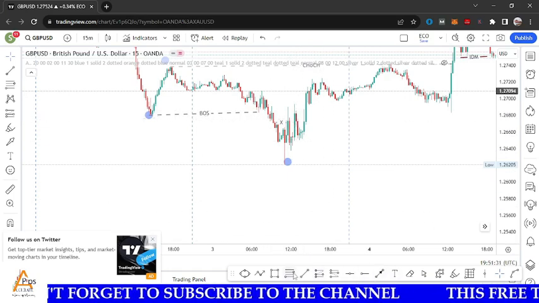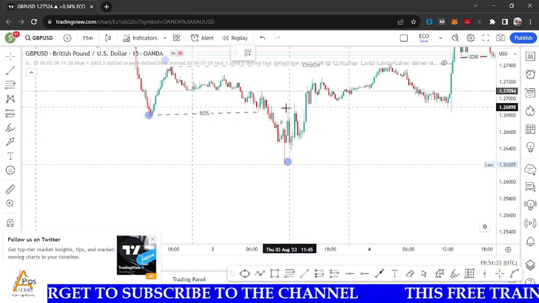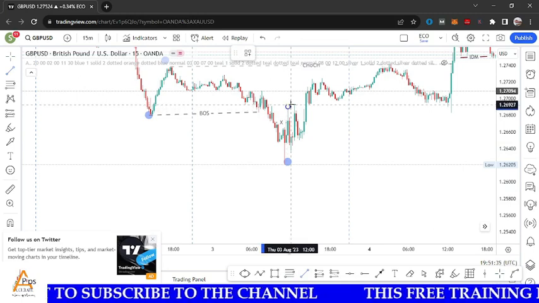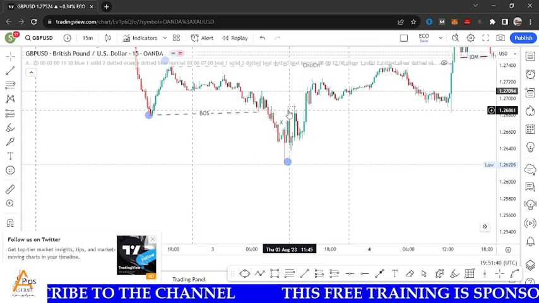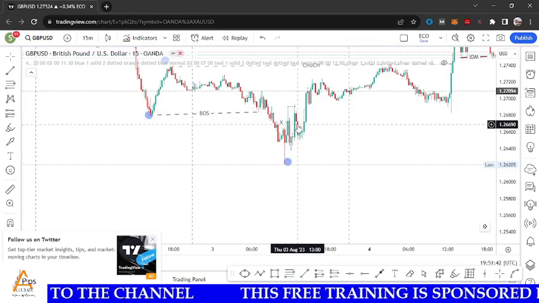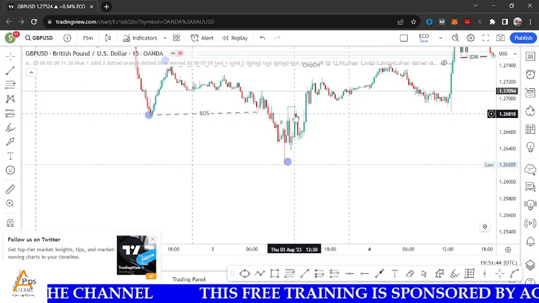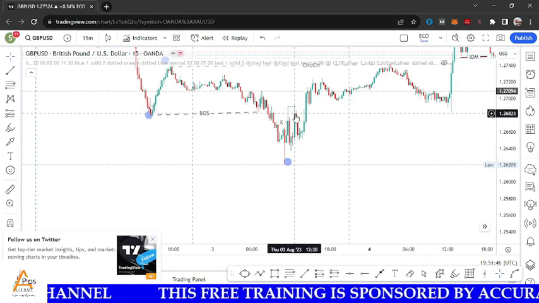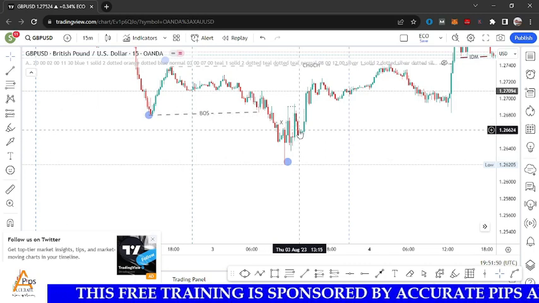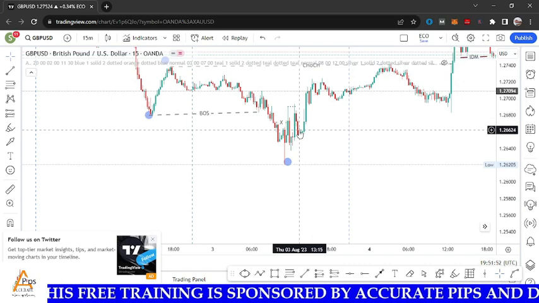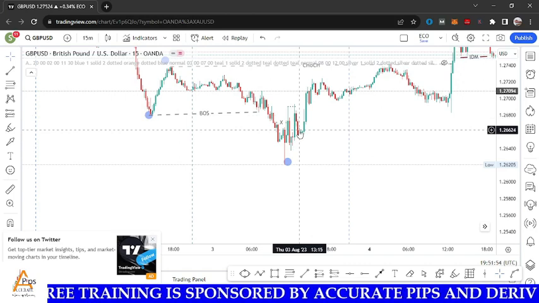Now here also price swept the top of this previous high, but the candle body didn't close below it. So this is one example. The candle body closed below this, as you can see, but per our rules the body of the candle is too much. We are looking at hammer, hanging man, doji, and so on.